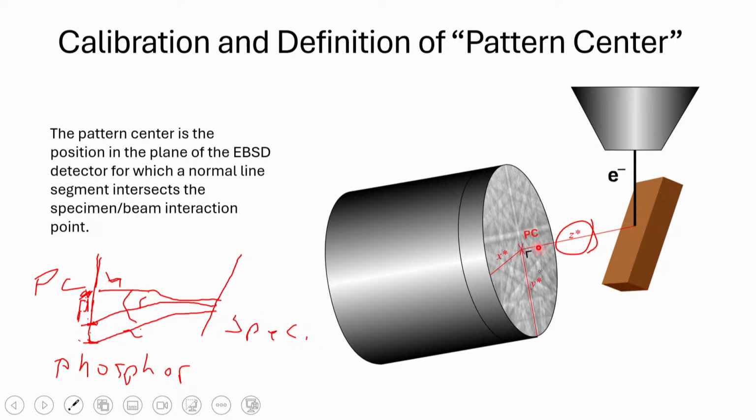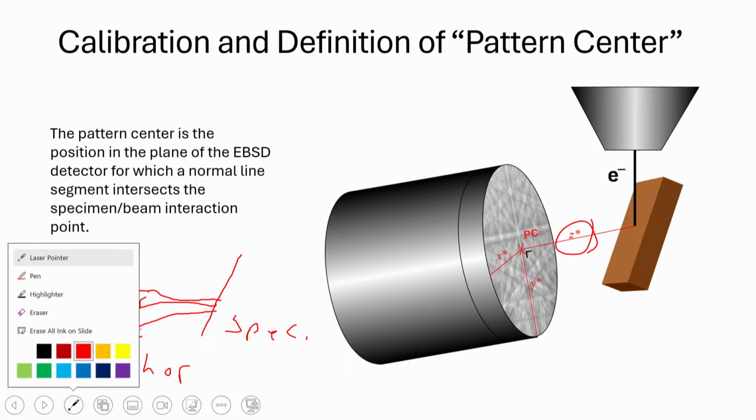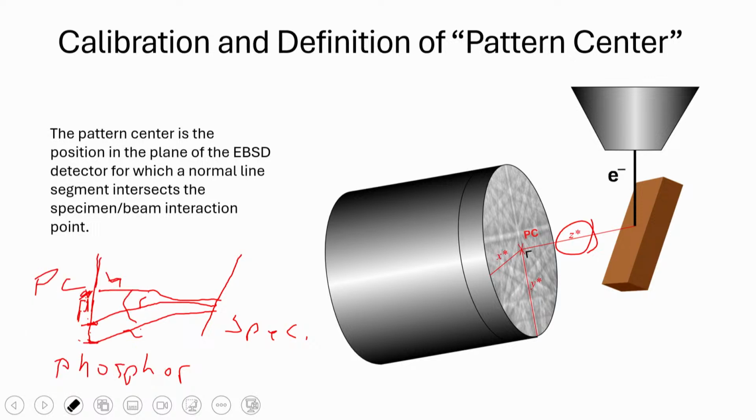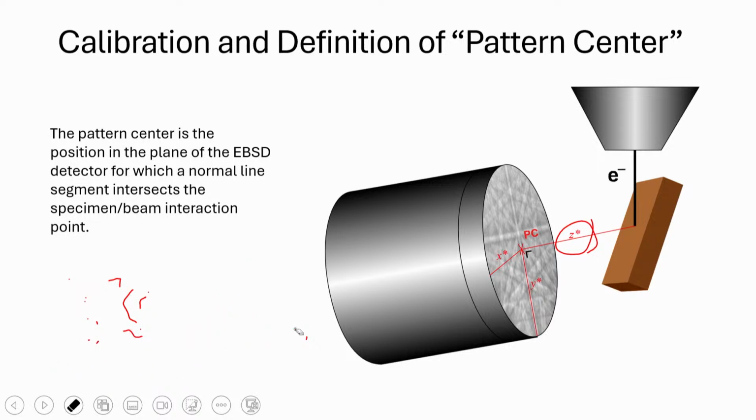And it doesn't matter the orientation of your screen. Working distance could be way down here, then the pattern center would be way down there, right? The working distance is the normal distance from the phosphor. In this case, how it's written here, it's not horizontal.